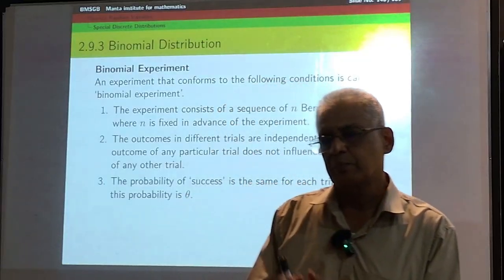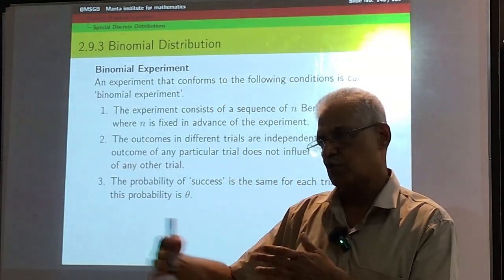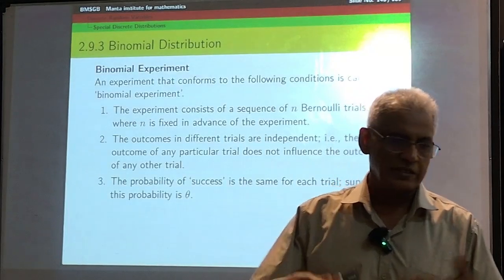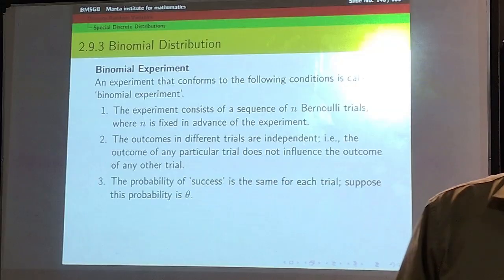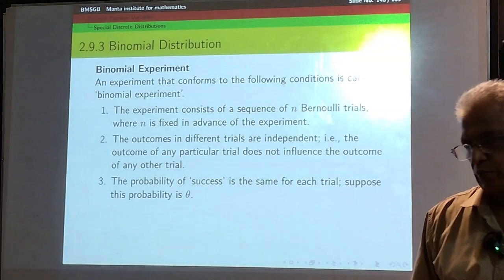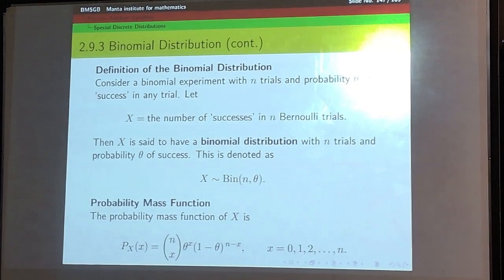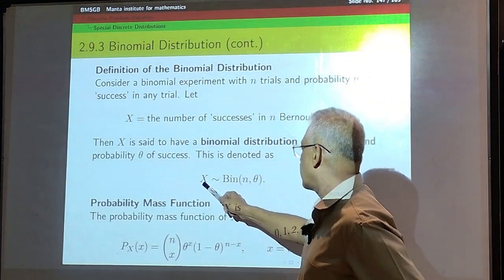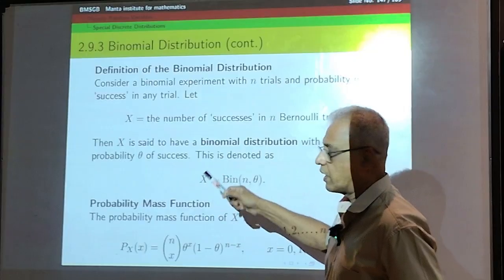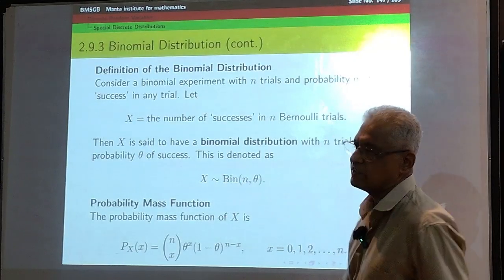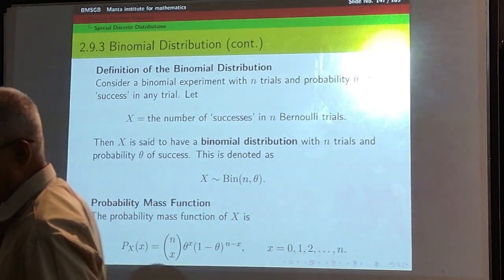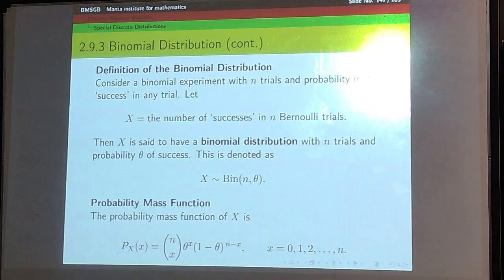We define the number of successes in n trials to be the random variable, and its distribution is called the binomial distribution. This is how we denote it: X has a binomial distribution, and we have to specify two numbers here, otherwise we cannot calculate anything. We have to know the value n, and we have to specify the probability theta, that is the probability of a success in any trial.